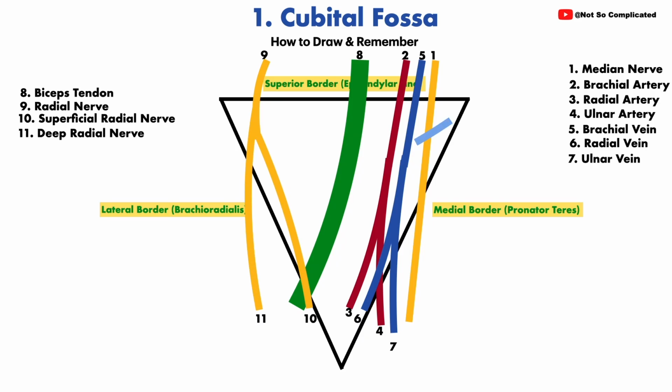All right, so this is how their contents will be arranged, and the most important thing out of that is there will be another vein right here, and that is what? Median cubital vein, and that median cubital vein is used to extract blood for venipuncture. And why median cubital vein?